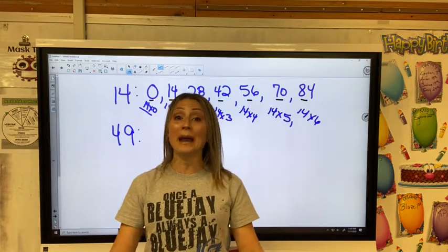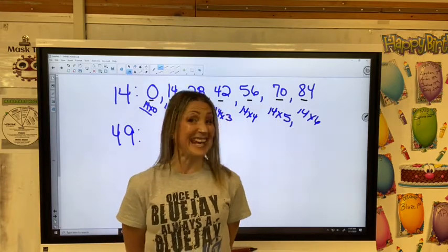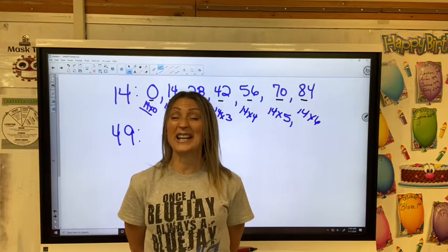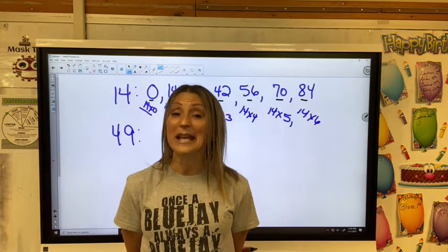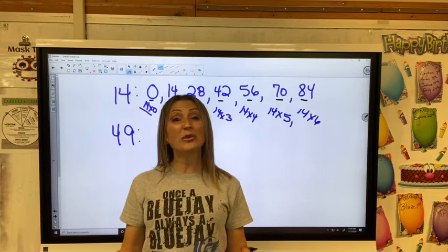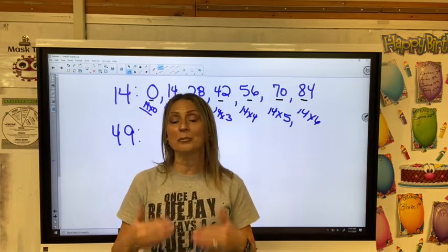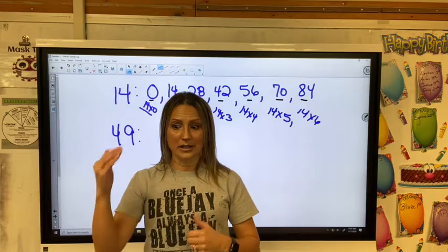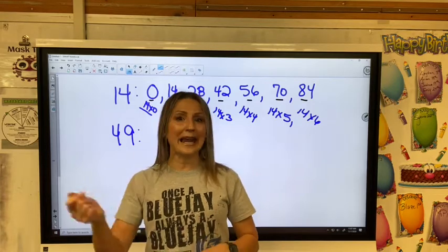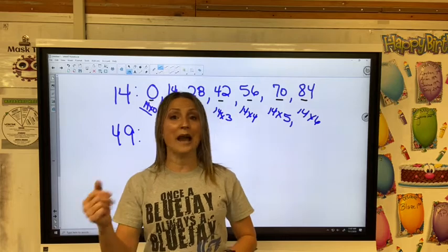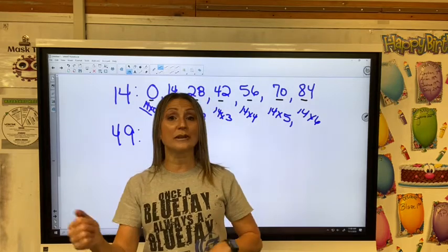And you should be able to do that with any number ever in the mathematical number system. So it doesn't matter what number you give, you should be able to find the multiples of them because you can multiply every number by the next number, such as 8 times 1 is 8. 8 times 2 is 16. 8 times 3 is 24.